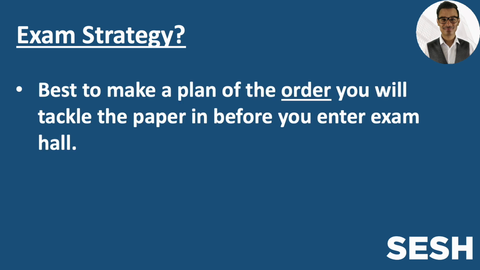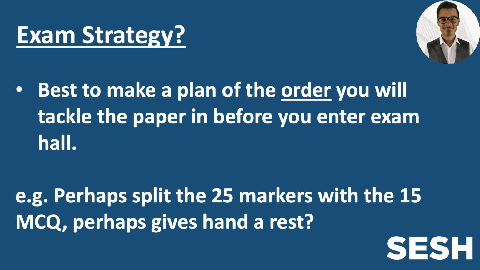And I think it's best to make a plan of the order you will tackle the paper in before you enter the exam hall. A suggested structure you could do, an example, you don't have to do it, it's just an idea to think about, is perhaps split those 25 markers with the 15 multiple choice questions. I think that gives you an advantage twofold.